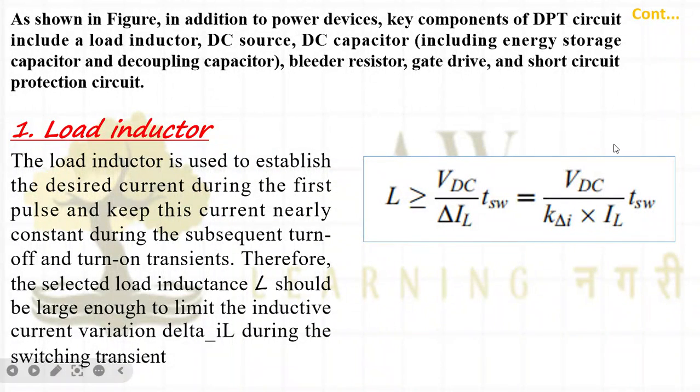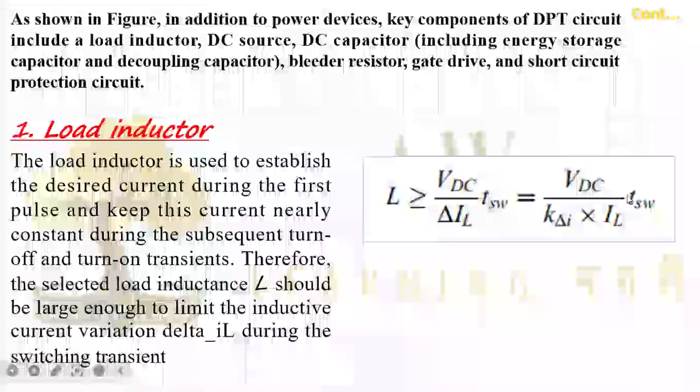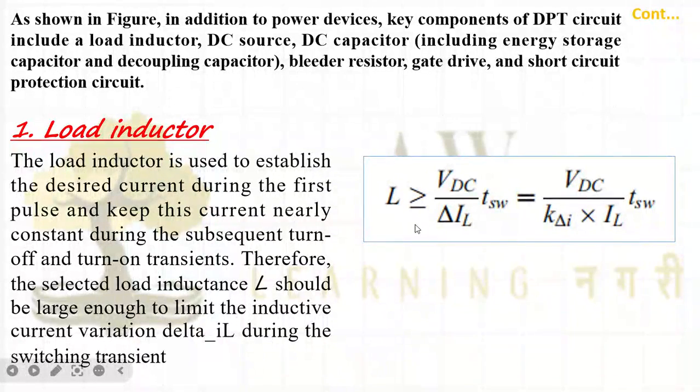When you buy any device, there is a mention that this is the VDC value, this is the minimum to maximum VDC you can use, and for the IL also this is the minimum to maximum current that device can withstand. For calculation of the inductance, whether we will take maximum current or maximum voltage or minimum voltage and minimum current, what combination we will take, I will tell you later. But as of now, you just know that this is the formula which you have to use.